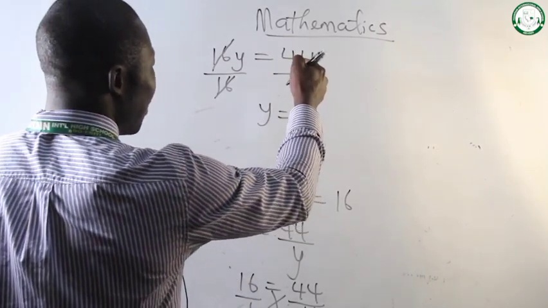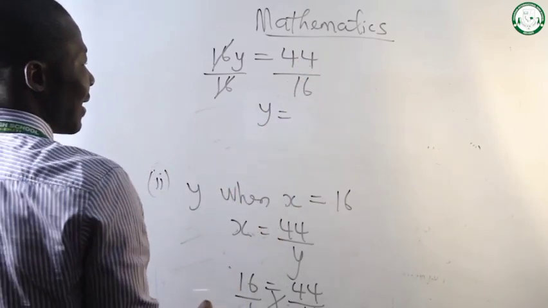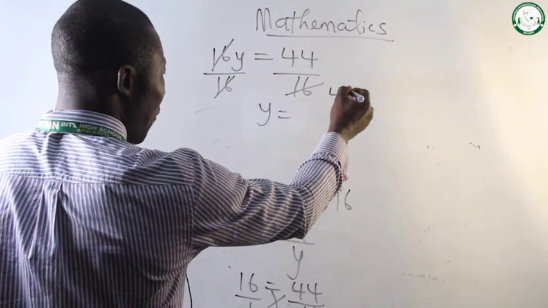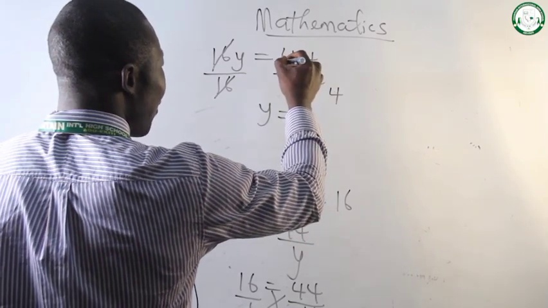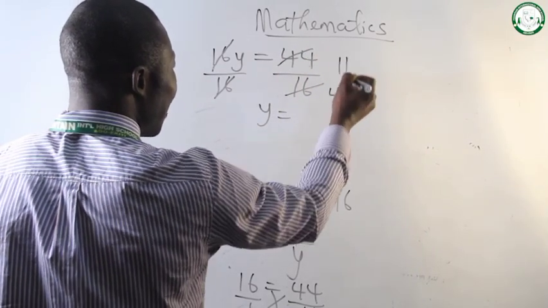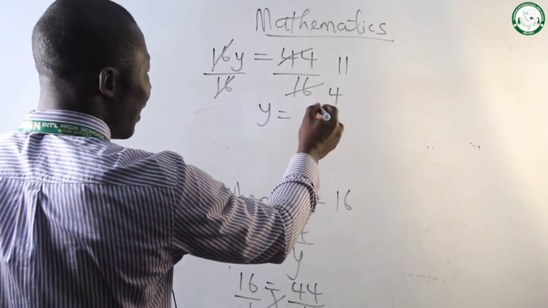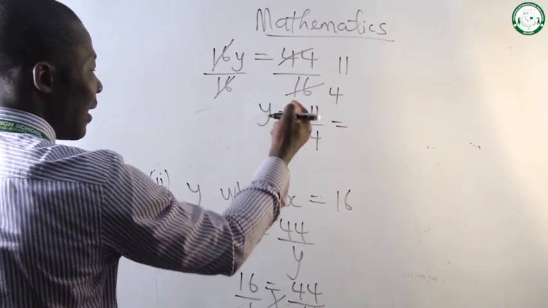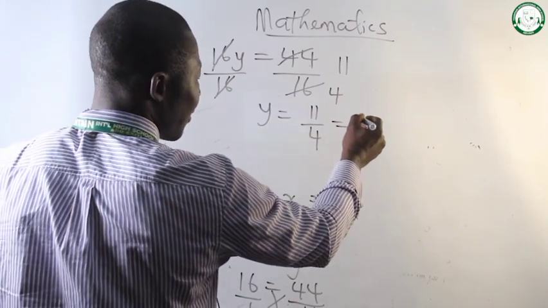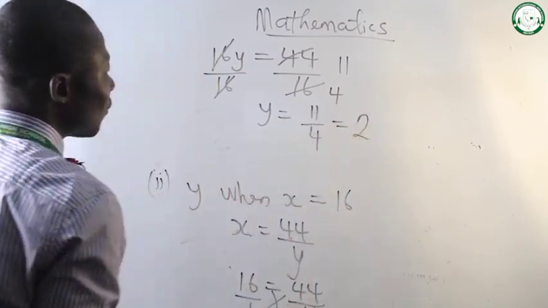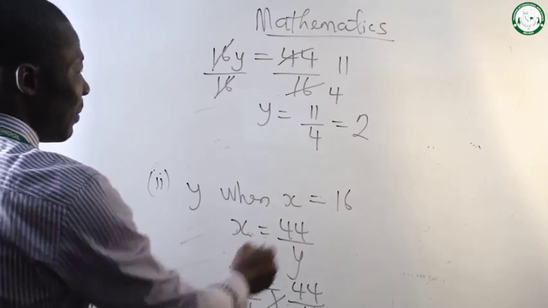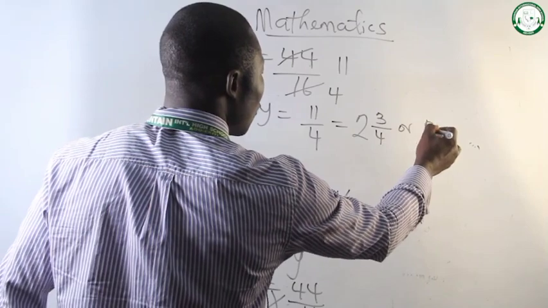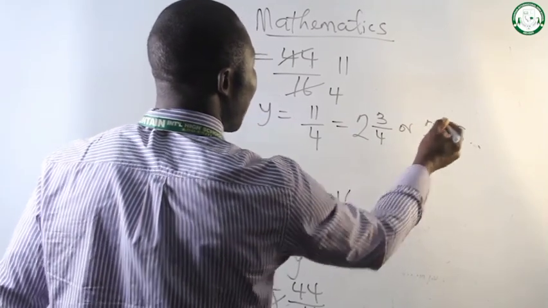4 can go into both 44 and 16. How many 4s do we have here? We're having 4. How many 4s do we have here? That's 11. It means we're having 11 over 4, which is the same thing as 4 into 11 will give us 2, remainder 3, so 3 over 4, or 2.75.